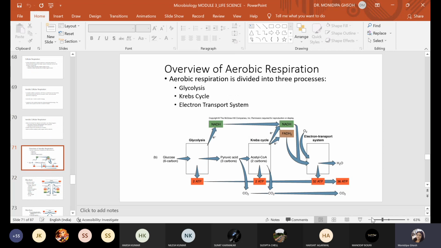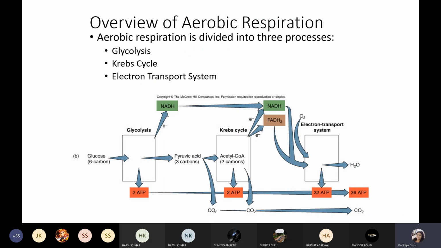Now, if you look at aerobic respiration, it is divided into 3 processes: glycolysis, the Krebs cycle and the electron transport system. Just follow the glycolysis procedure.